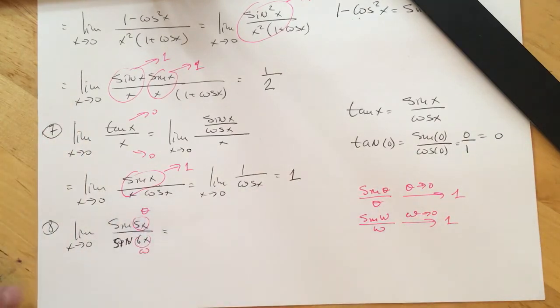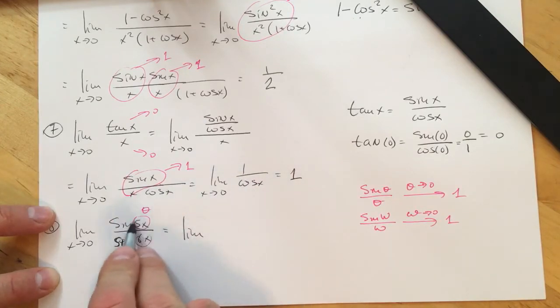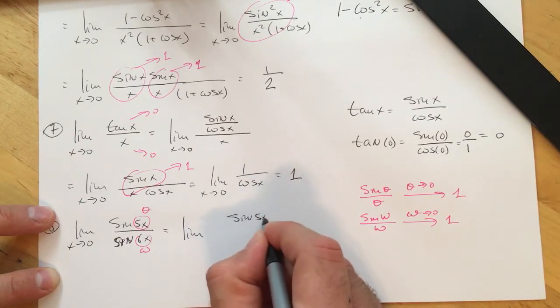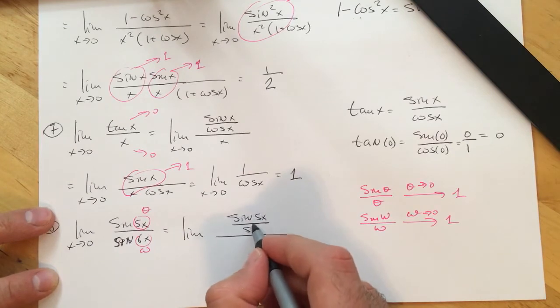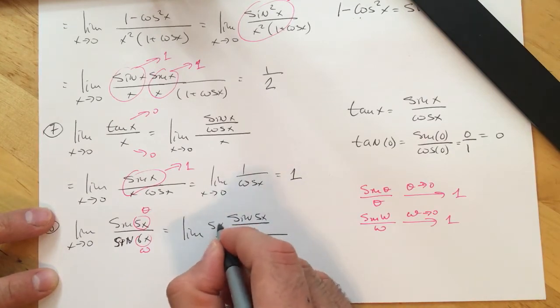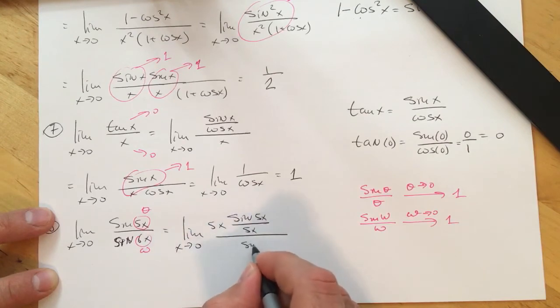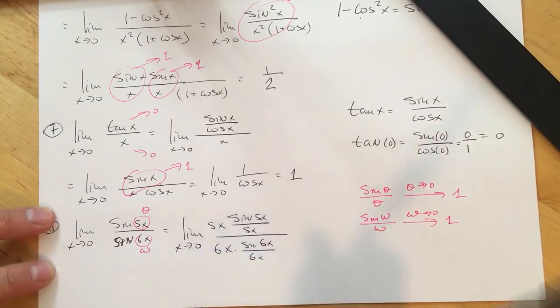So I want to divide the numerator by this angle, by 5x. So that's sine of 5x over 5x. If I divide the numerator by 5x, I have to multiply it by 5x. And I follow the same logic for the denominator: sine of 6x over 6x. If I divide the denominator by 6x, I have to multiply it by 6x.